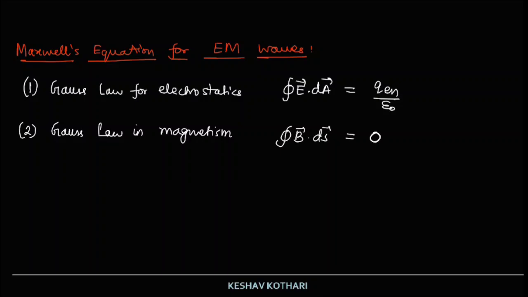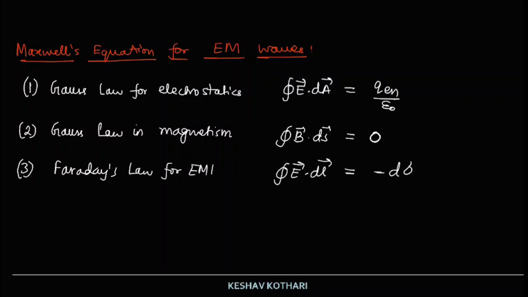The next one, or the third equation, is regarded as Faraday's law of electromagnetic induction, and we write it as the line integral of E dot dl is equal to minus d phi b by dt, that is, the rate of change of magnetic flux with time.